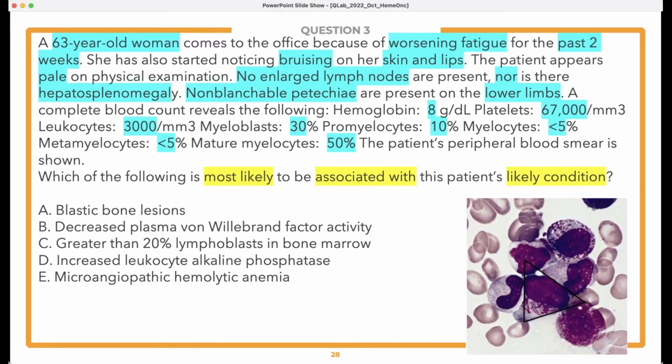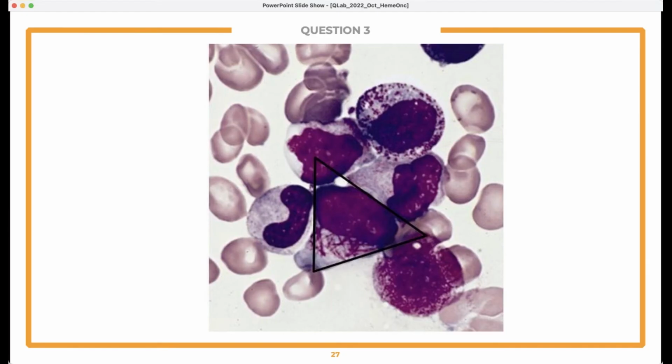Actually, sorry, we'll go back to that slide. Let you guys take a blown up look at that smear, okay? And again, I'll give you some pearls for interpreting smears like this as well. Don't worry, we'll move on to the answer choices. We'll leave that still there in the bottom right for you to take a look at.